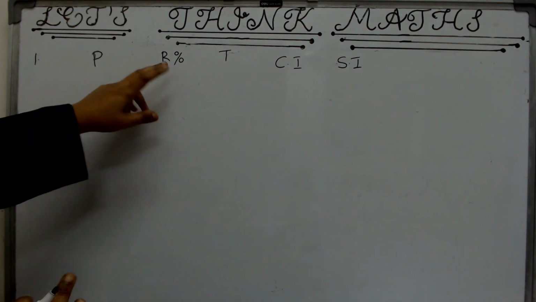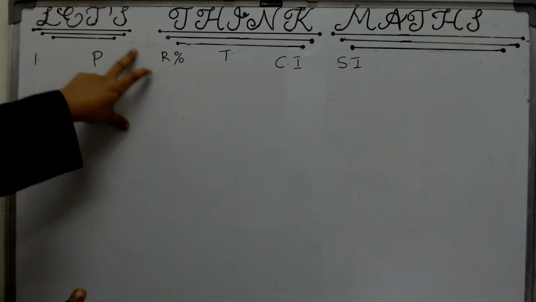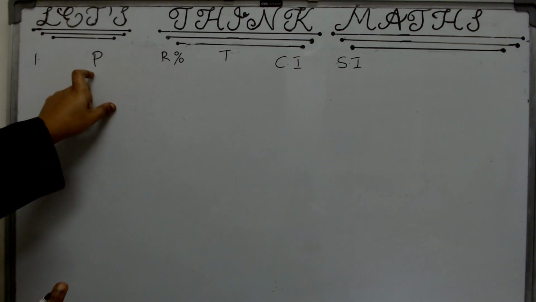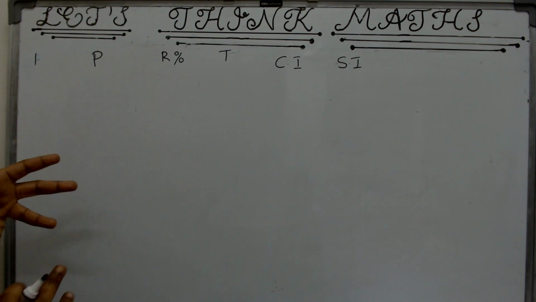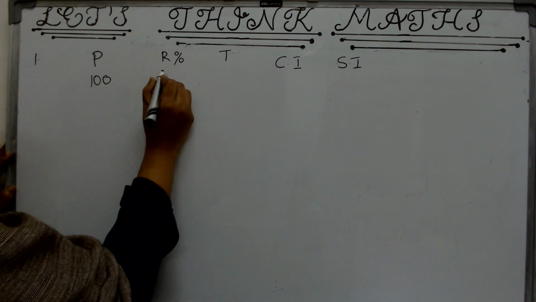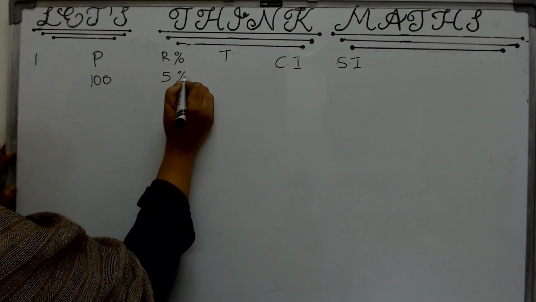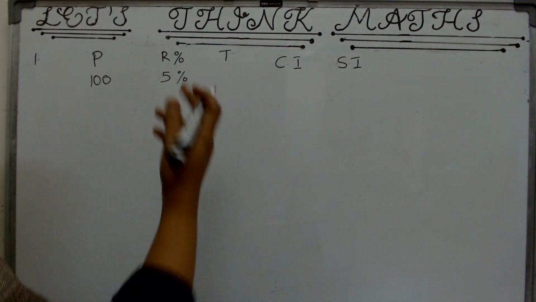Now rate of interest, what do you calculate it for? It is rate per cent of the principal. For every 100 rupees in the principal, what is the rate? That is what we calculate, right? So let us take P as 100 itself. That helps things, right? So let the rate be 5%, and remember, for T, take more than 2. Why not 1?